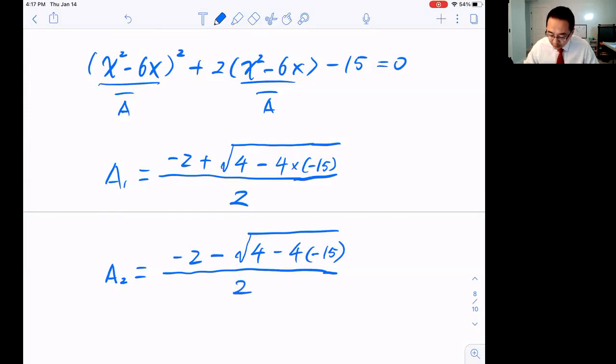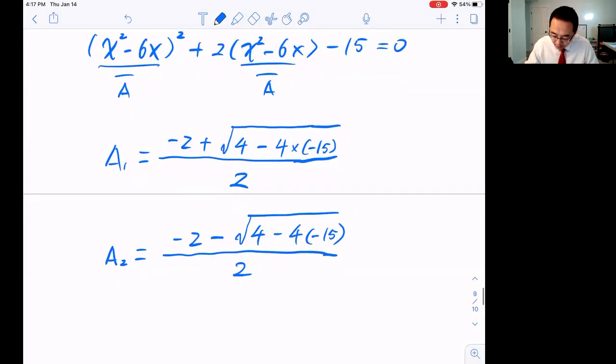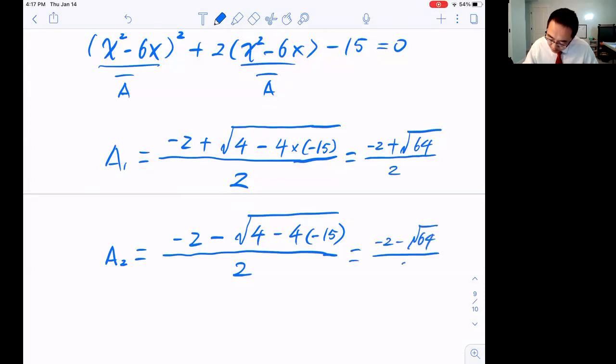Okay, so let's solve these really quick, where a1 equals -2 plus the square root of 64, right? 4 minus -60 gives you 64, that's 4 plus 60, divided by 2. And a2 is -2 minus 64 divided by 2.